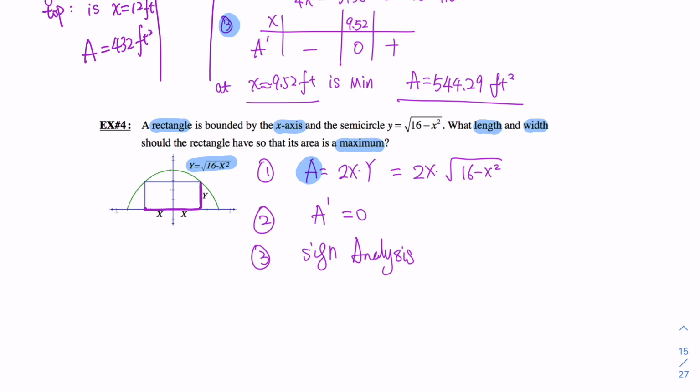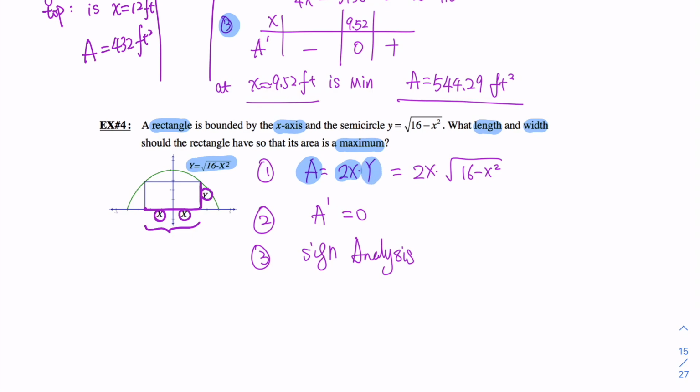Because it's symmetric, we call this x, and this is x, so the length will be 2x and the height is y. You can define the length as x instead, but that will be a little more complicated because you have to divide by 2 later. So the area is given by 2x times y.